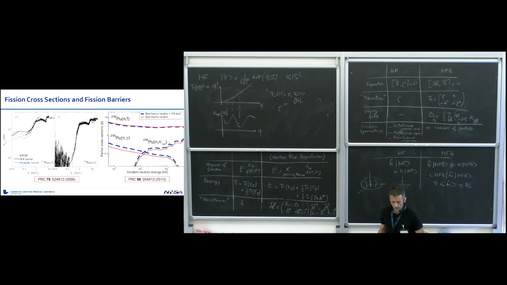Okay, so one last word before I conclude this part, which was supposed to be concluded yesterday, about calculating these potential energy surfaces that I was mentioning. I said, you want to set up which deformation parameters you need for the MICMAC model. How many deformation parameters do you need? You want to decide which operators are going to be used as constraints on the HFB solution.